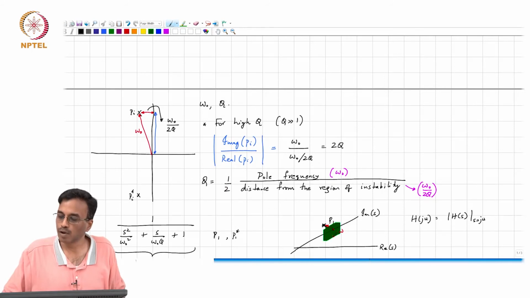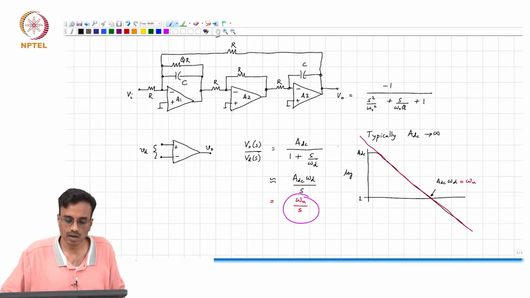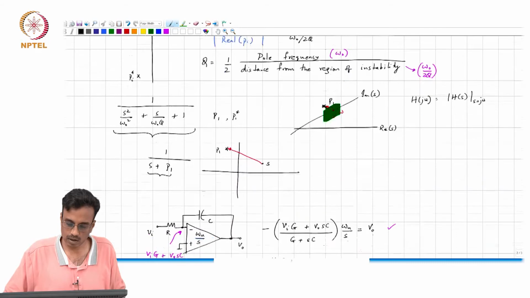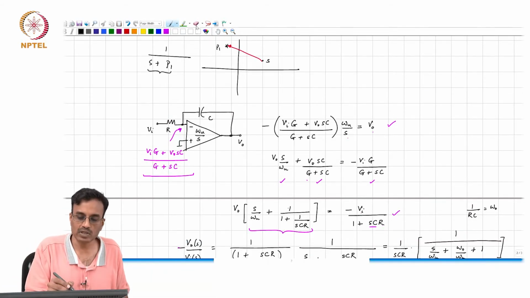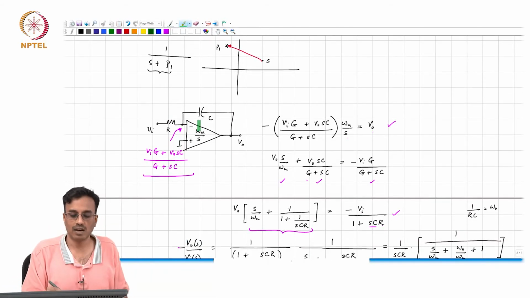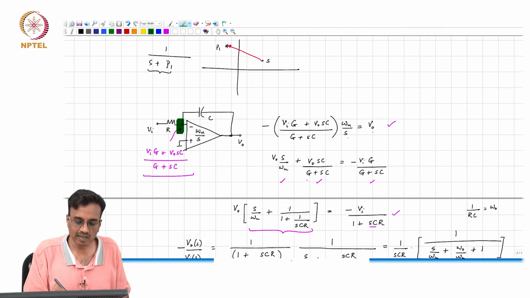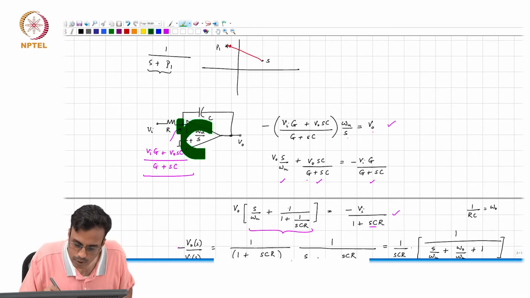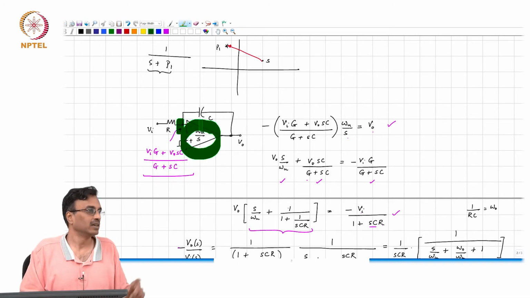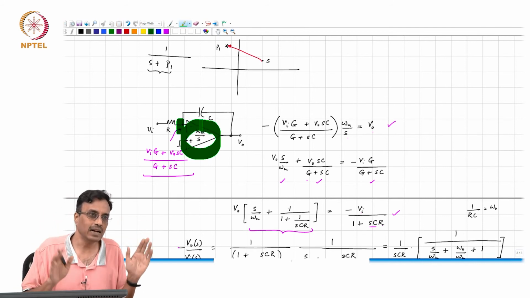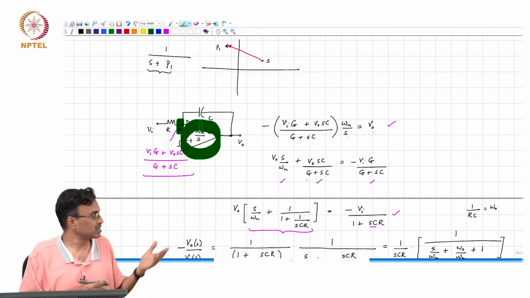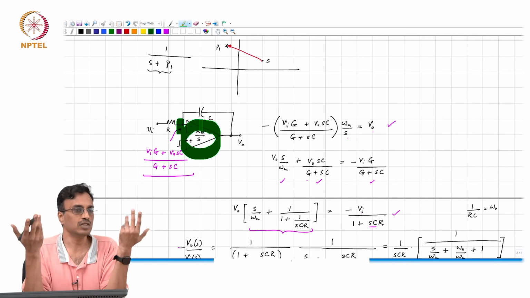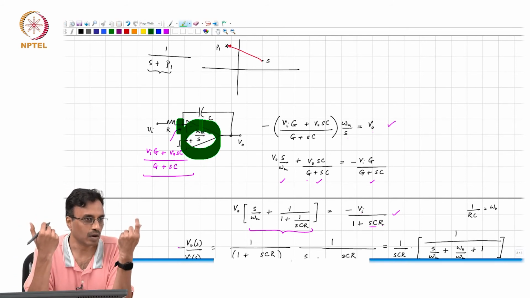At all frequencies of interest, this will work like a good integrator if that voltage is at virtual ground. That will only happen if the gain of the op amp is ideally infinite, in practice very large. The question is, over what range of frequencies should that gain be very large?